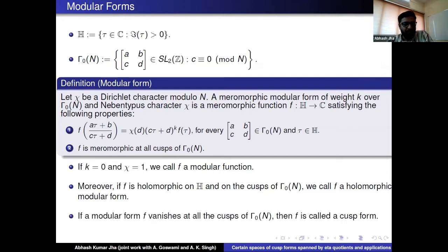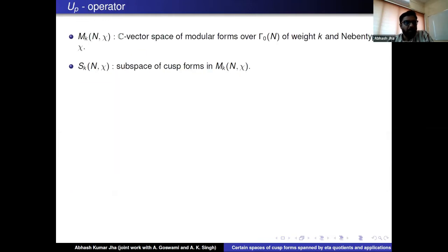If f is a modular form that vanishes at all the cusps of Γ_0(N), we call it a cusp form. This is the notation for the space of modular forms over Γ_0(N) with character χ, M_k(N,χ), and S_k(N,χ) is the subspace of cusp forms inside M_k(N,χ).